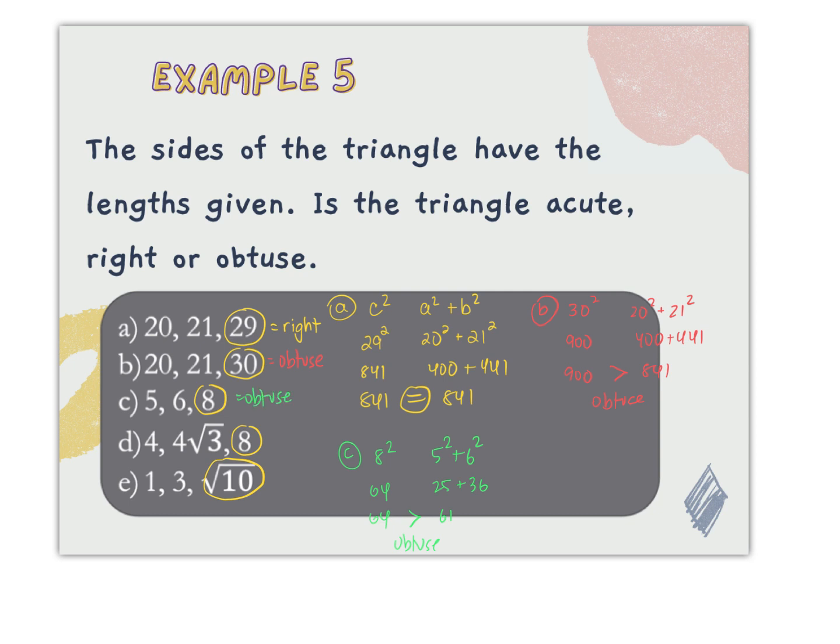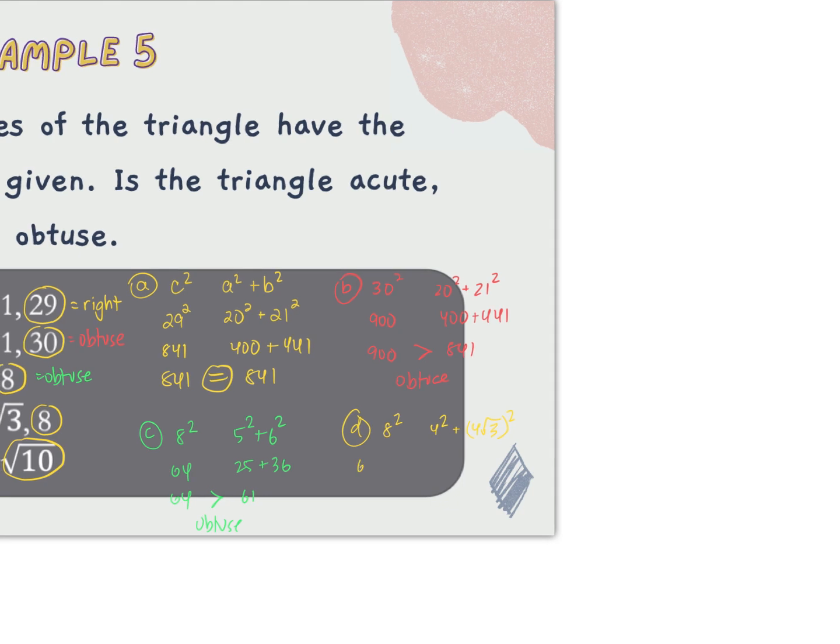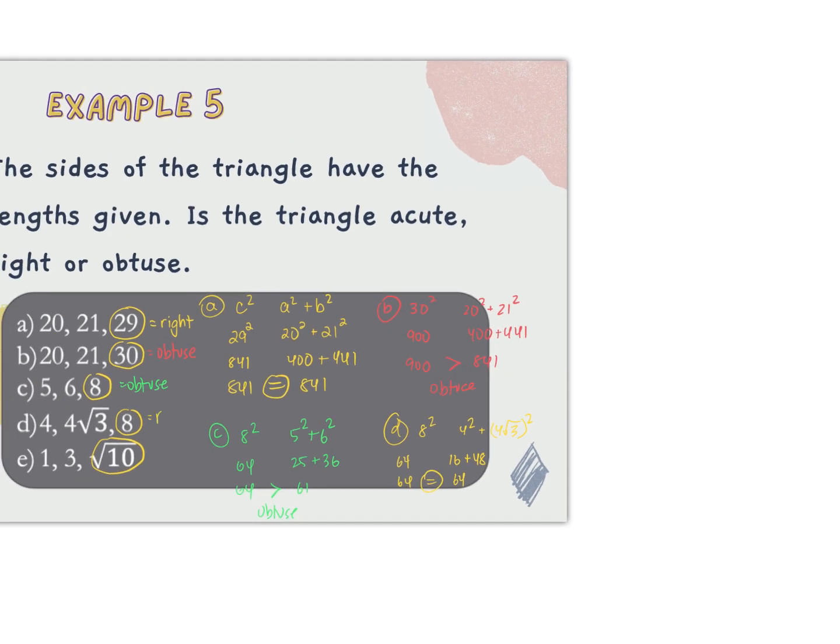So I'll come over to D, and I've got 8 squared, 4 squared plus 4 radical 3 squared. So I get 64, 16, and 4 radical 3 squared is 16 times 3, which is 48. So 16 plus 48 is 64, and 64 equals 64, so that ends up being a right triangle again.